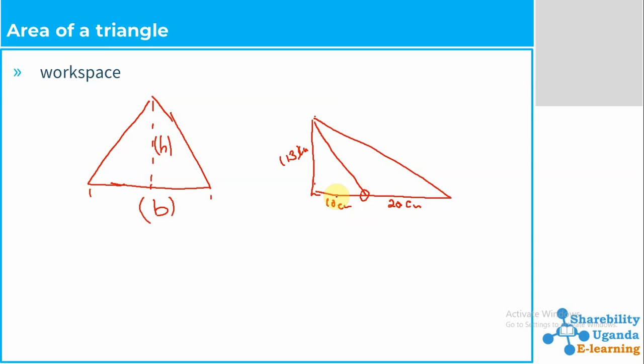Here is just a trick: for you to find the base, you should add our 10 and 20 to get the base. So that's how we can also try to understand the area of triangles and so on.